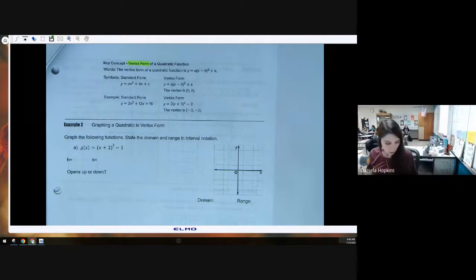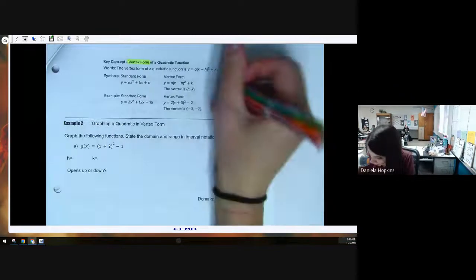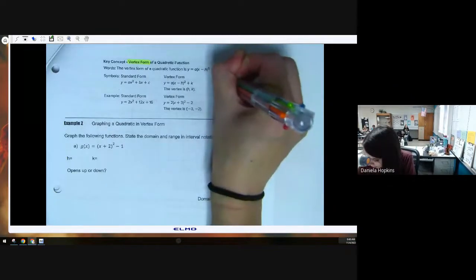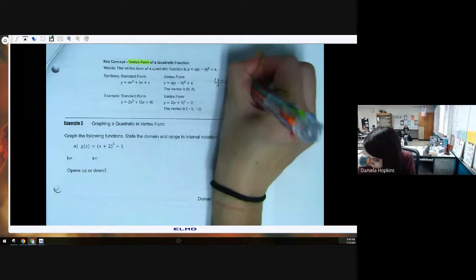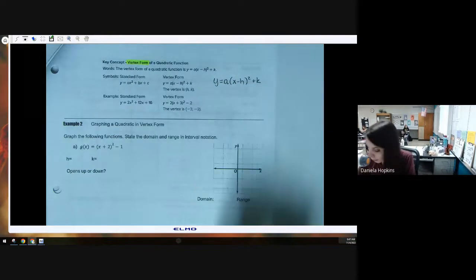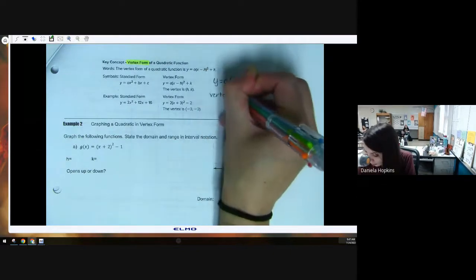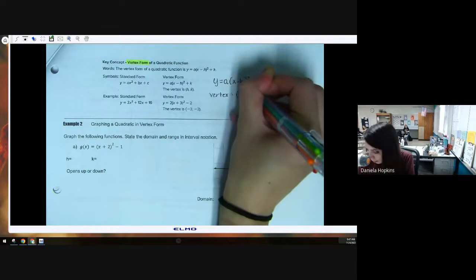So we don't have to do that whole calculation for the axis of symmetry or the vertex. So it's y equals a times (x minus h) squared plus k. And the really nice part is your vertex is just h comma k.